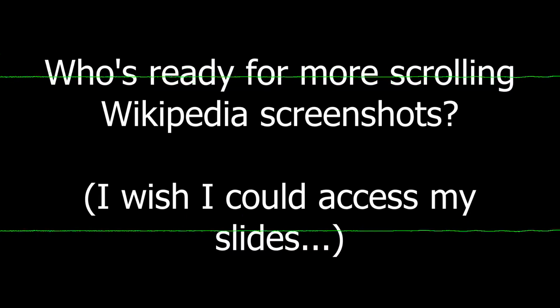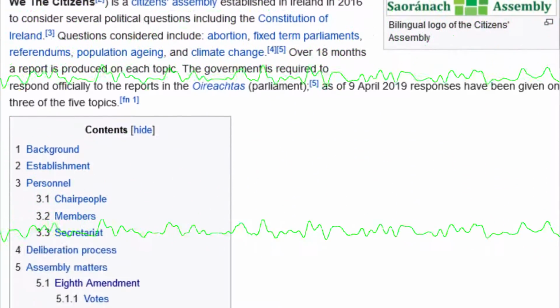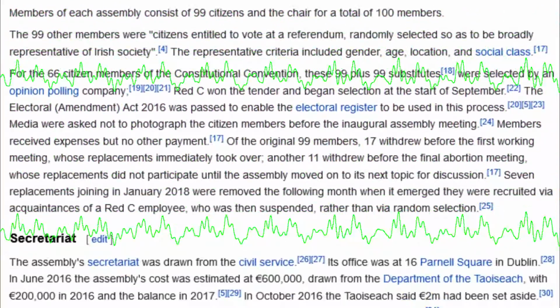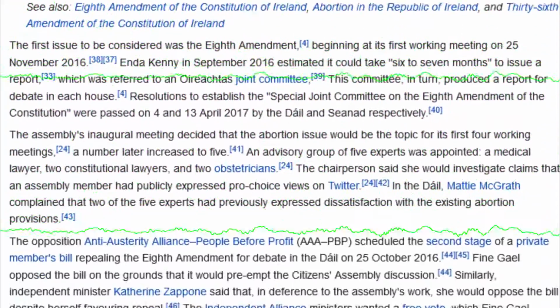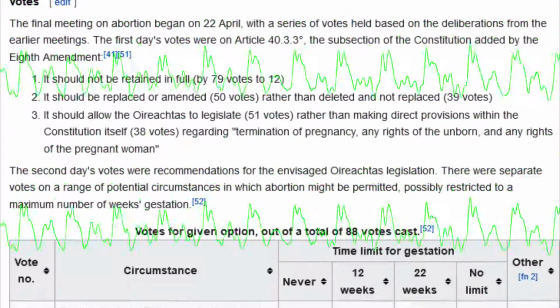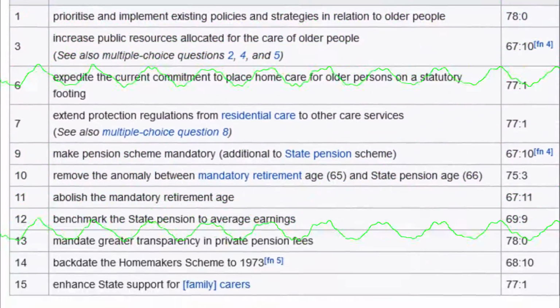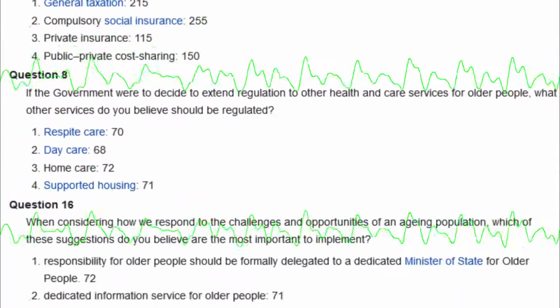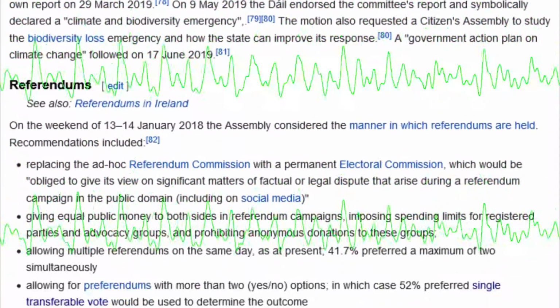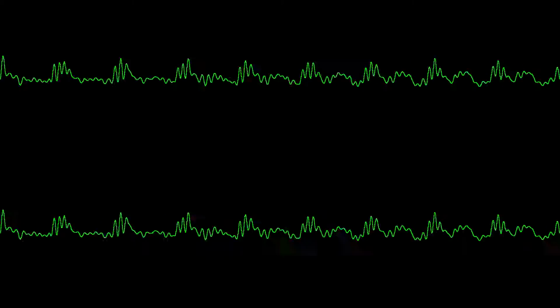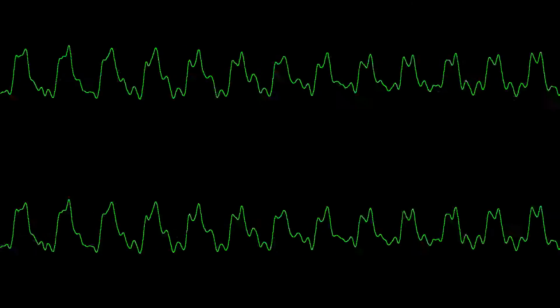I think most prominently and famously, Ireland has used them to great effect. They've tackled a number of rather controversial issues via citizens' assemblies, such as, among other things, abortion. And somehow these assemblies did not devolve into screaming matches. Turns out when you have a fairly limited number of people and have them listen to experts, they're usually able to come to a consensus.